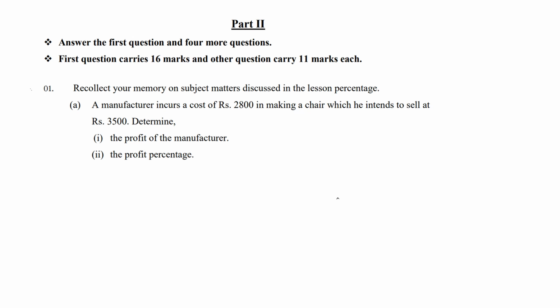So what is the profit? The difference is the profit. You have to subtract the cost from the selling price: 3,500 minus 2,800. So the profit is equal to 700 rupees.